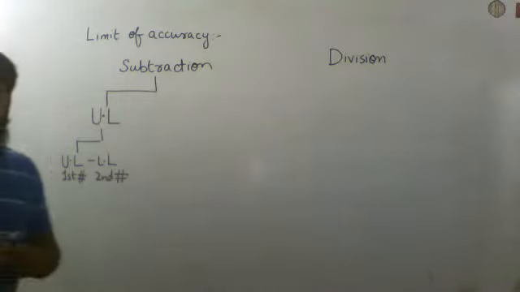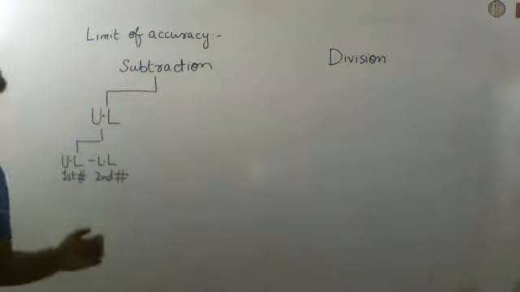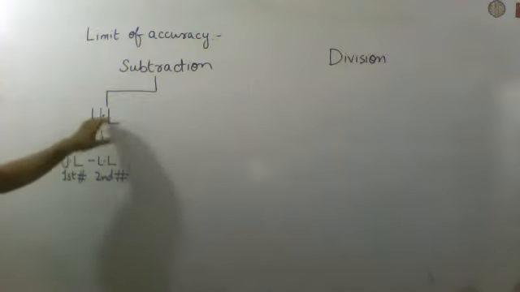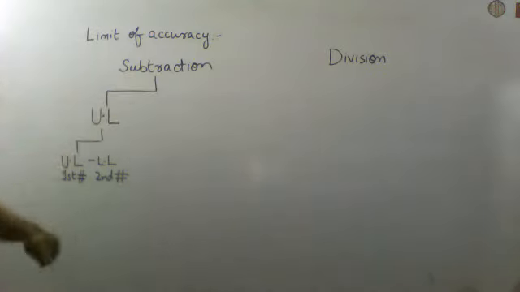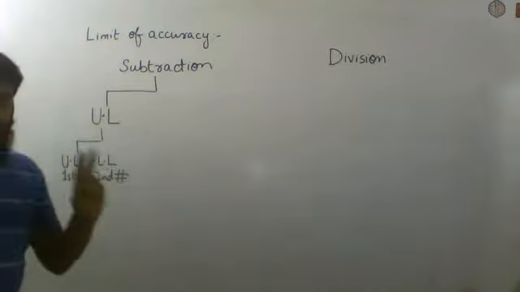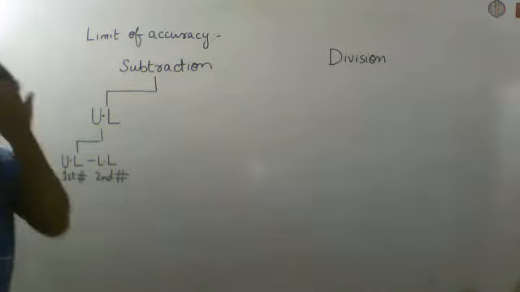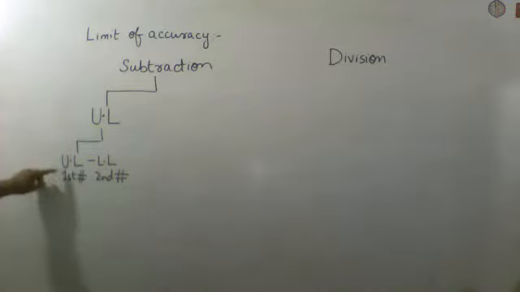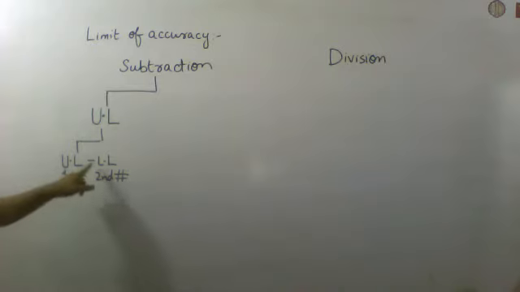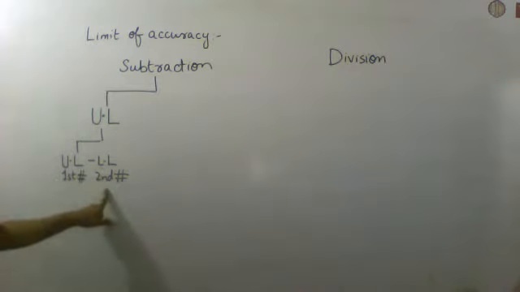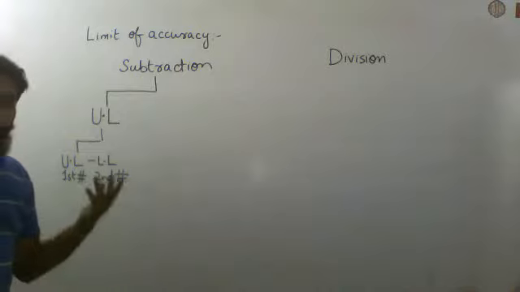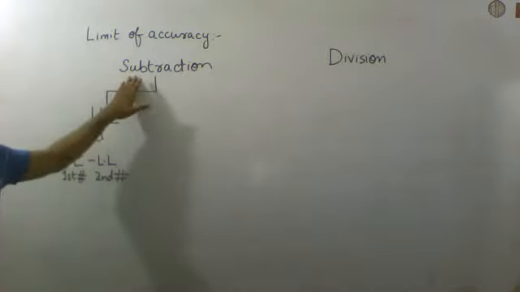Okay, in order to find the upper limit of subtraction, what will you do? Subtraction always takes place only between two numbers. So upper limit of first number minus lower limit of second number, you will have your upper limit of subtraction.